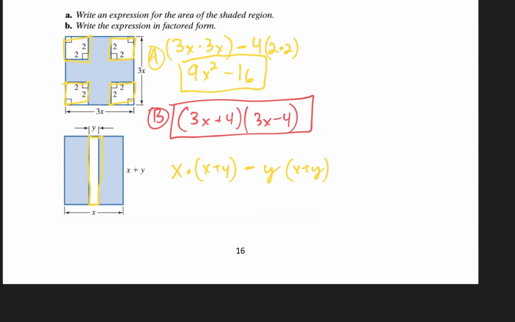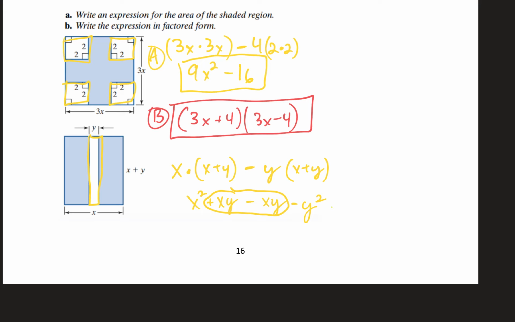So then, to simplify this, x times x is x squared, and x times y is xy. And then here, negative y times x is negative xy. And then negative y times positive y is negative y squared. And here, I can even simplify this.